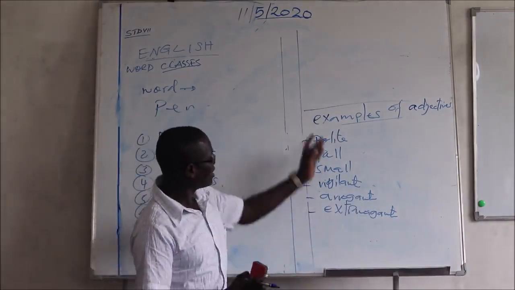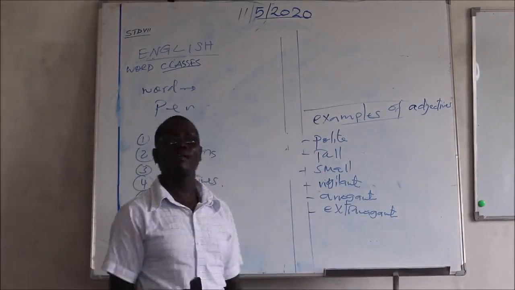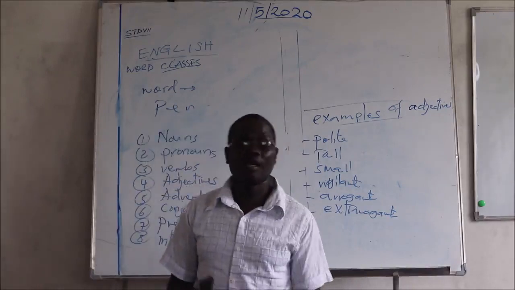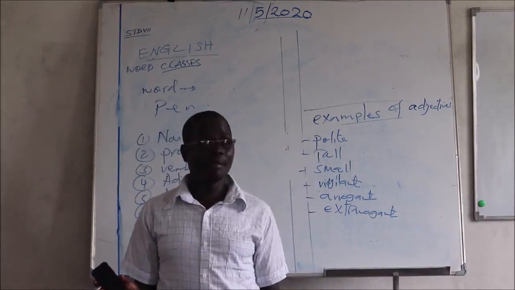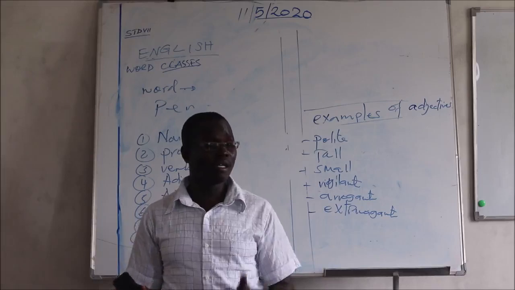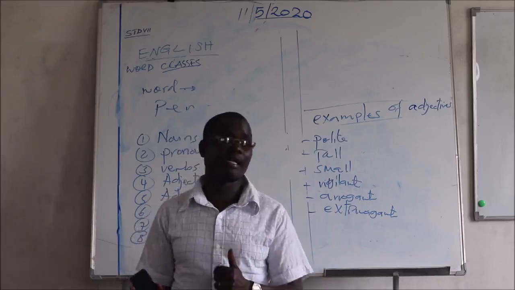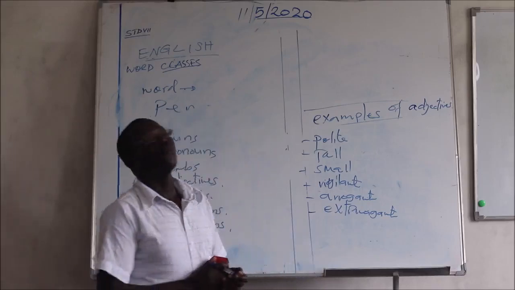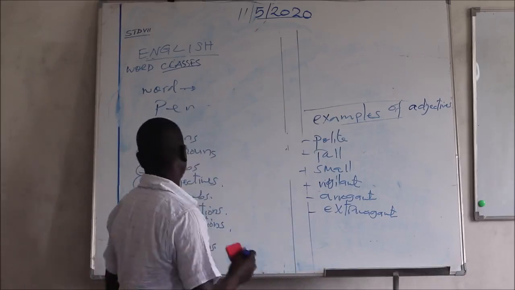These are words that tell us the behavior of a particular person. Remember that an adjective does not only describe more about a noun, but it also does so with a pronoun.